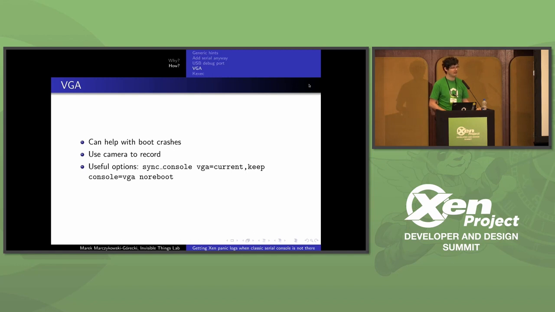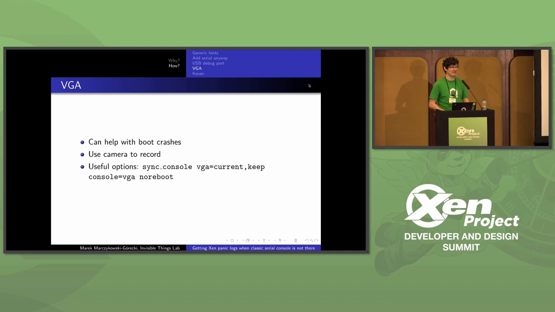And also, if you care about Dom0, if the crash happens when Dom0 is already running, so normally Dom0 takes over VGA, and at that point you don't have Xen messages on the console. But you can use vga=something,keep to keep the graphical console in Xen.